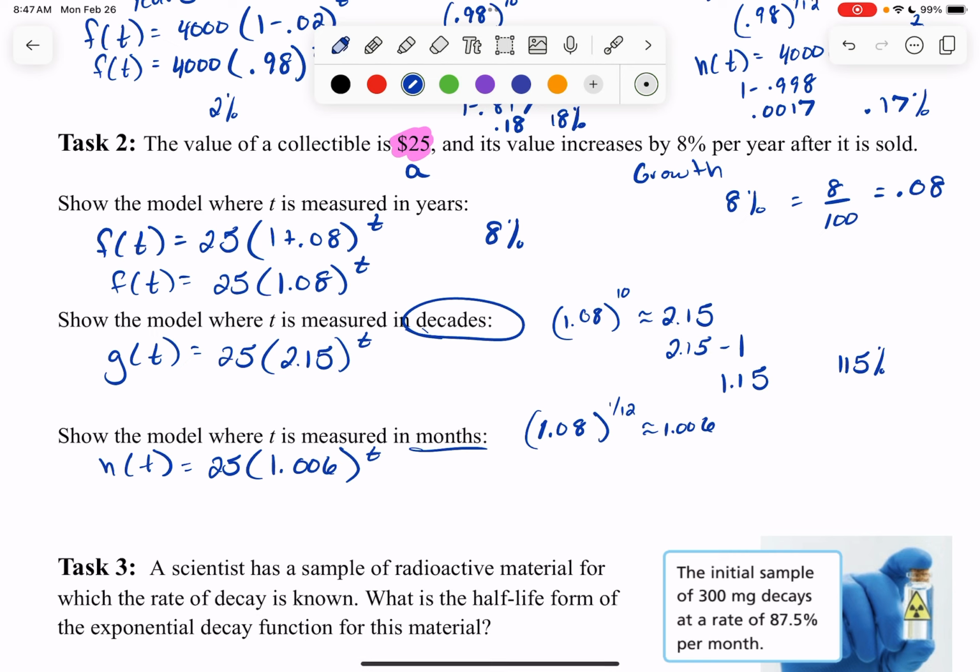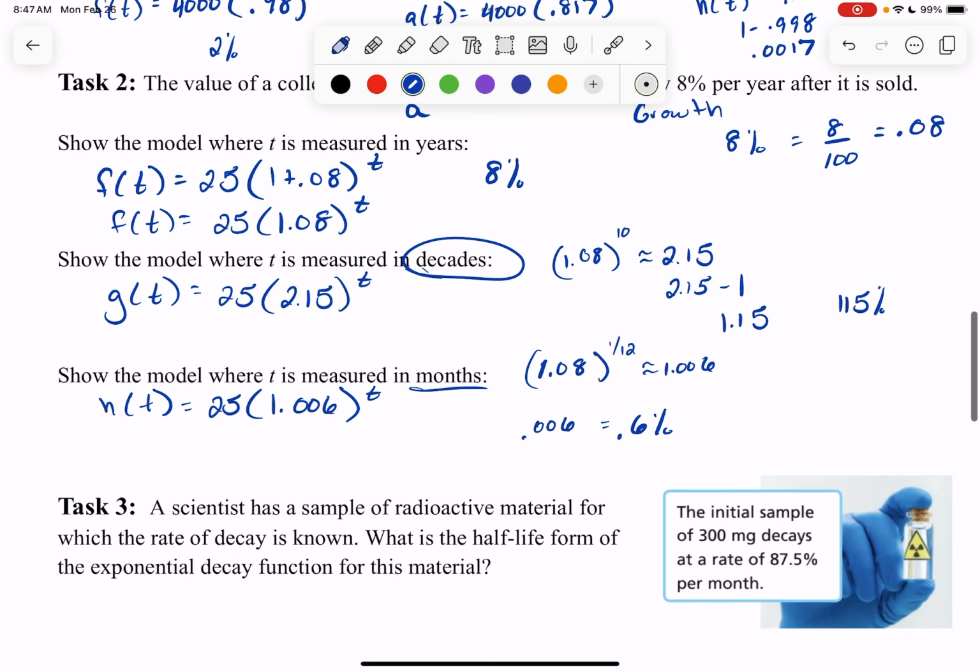Again, now this is months. So the growth rate there, this is more than 1 by 0.006. So this would be a growth rate of 6%. Oh, sorry, 0.6%. 0.6 multiplied by 100, 0.6. Okay, so again, we would expect for monthly the growth rate to be smaller than for a decade.